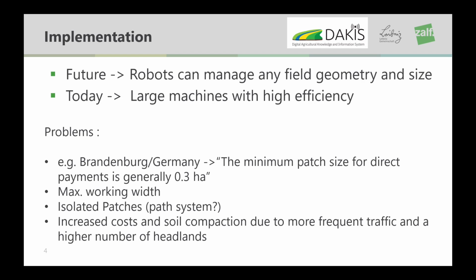This has to be taken into account. There is also the question of how exactly to deal with isolated patches, for example when a patch is in the middle of the field. And of course this system will be associated with higher costs today, as the machines have to be driven over much more frequently, and more frequent turning maneuvers can also lead to soil compaction.